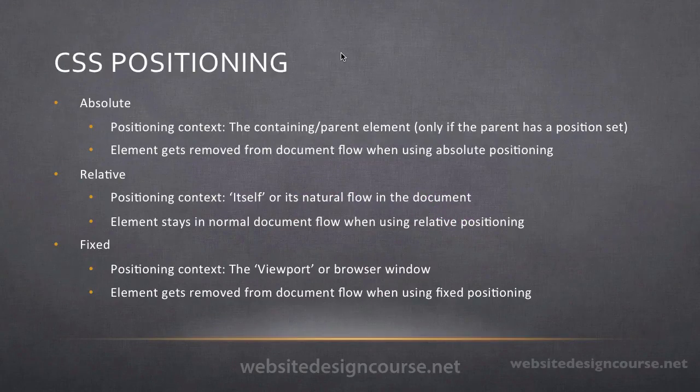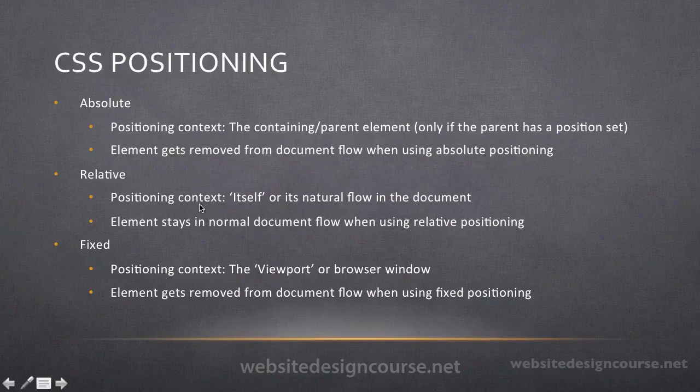The first type is absolute positioning, and there's a few things you'll want to note here. All 3 of these types have a different positioning context. And with absolute positioning, the context is according to the parent element only if the parent element has a position. Also note that with absolute positioning, the element gets removed from the normal document flow. The second type is relative positioning.